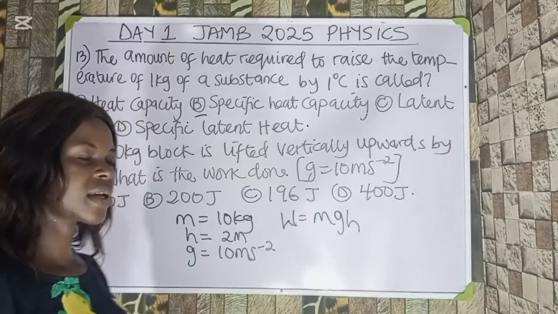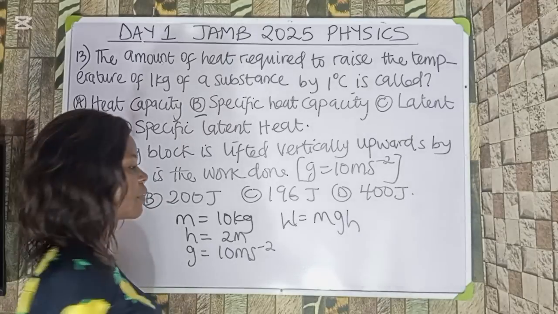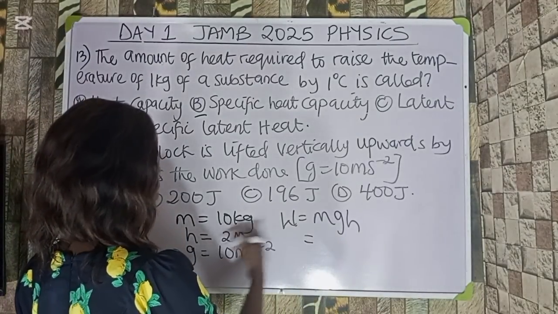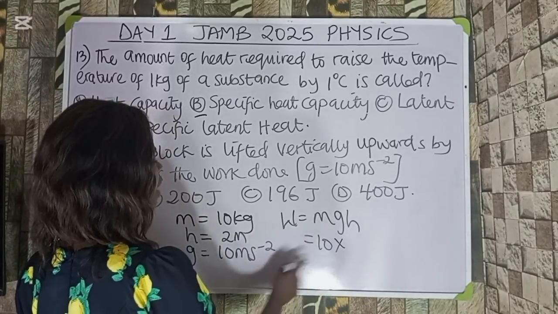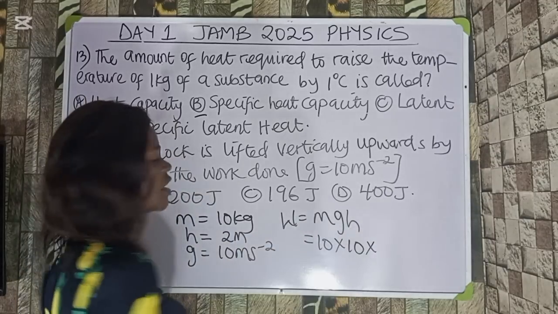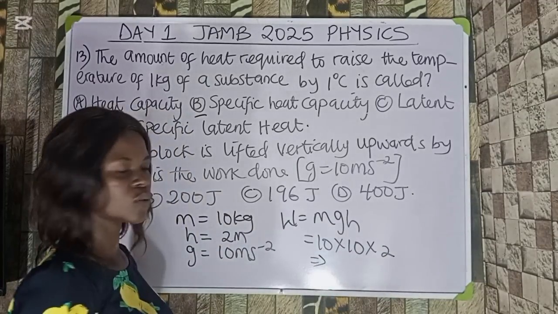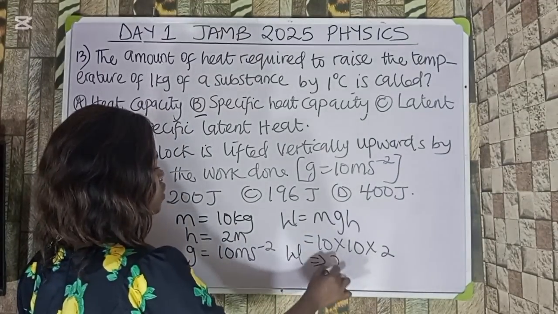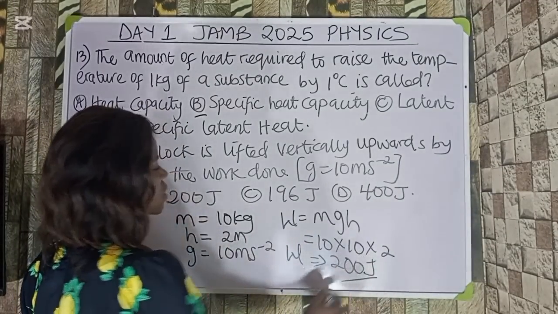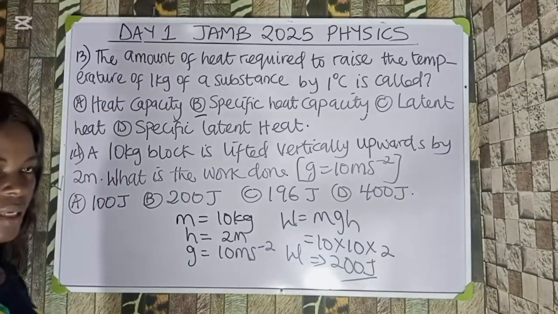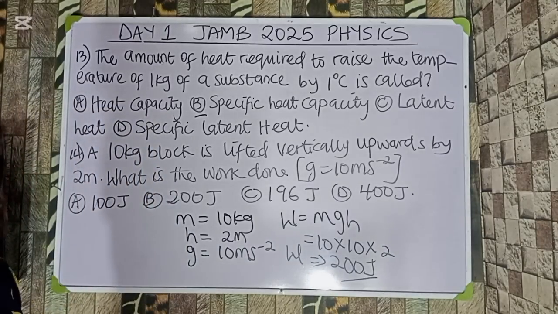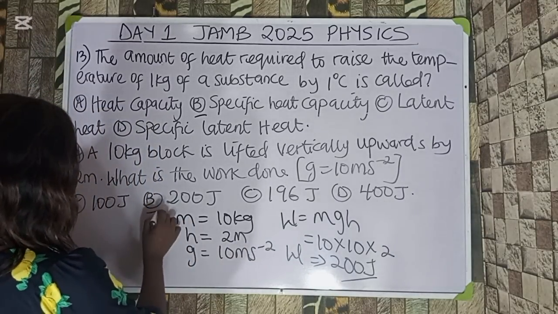So this is the work done against gravity. Let's put our parameters: my mass is 10, my g is 10, my h is 2. By the time you multiply, you're going to have your work done to be 200 joules. I hope that is clear. So the correct option to this question is option B.